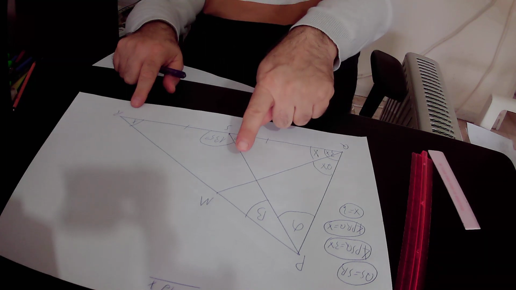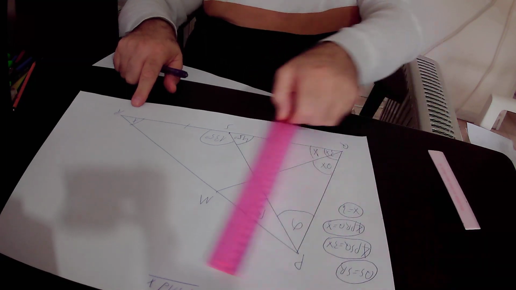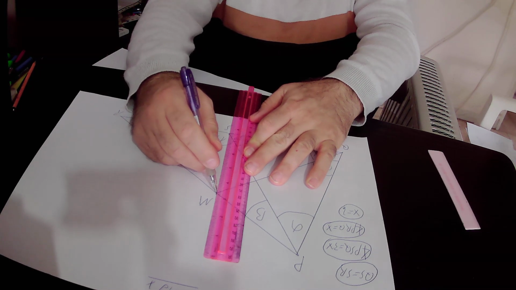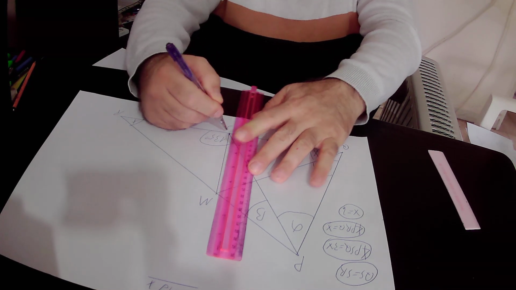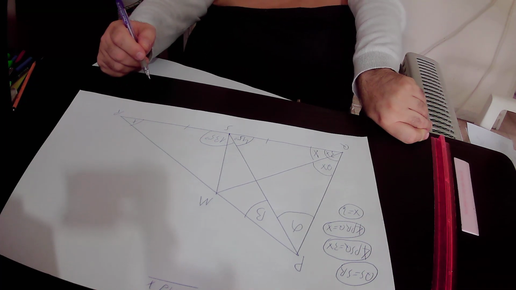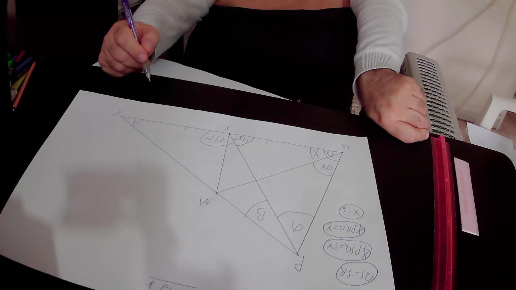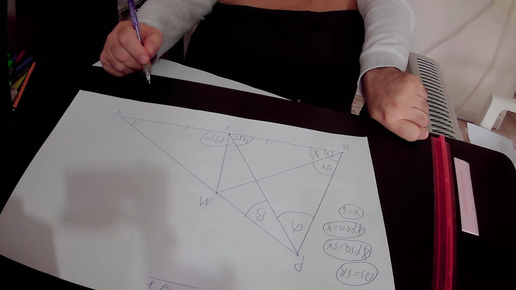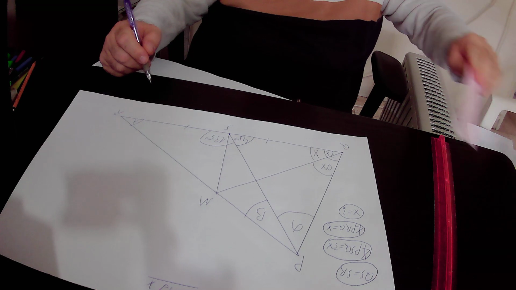We will join points M and S together by a straight line. MS is the median to the base of the isosceles triangle QMR, and according to rule number 3, the median to the base in an isosceles triangle is perpendicular to the base.